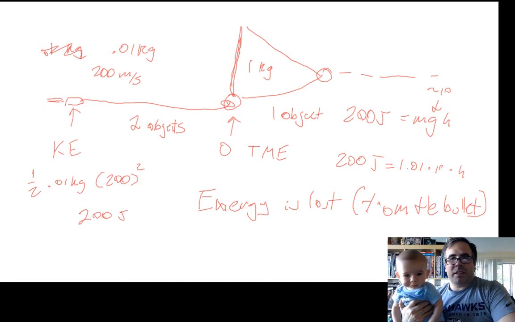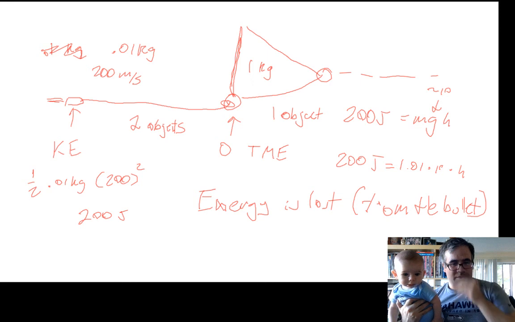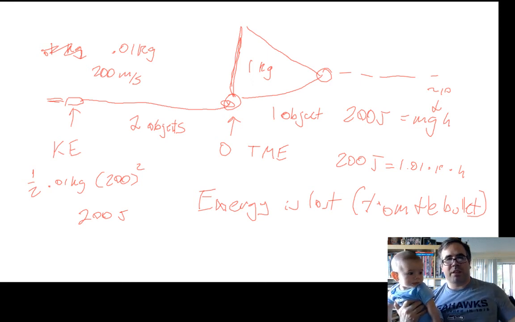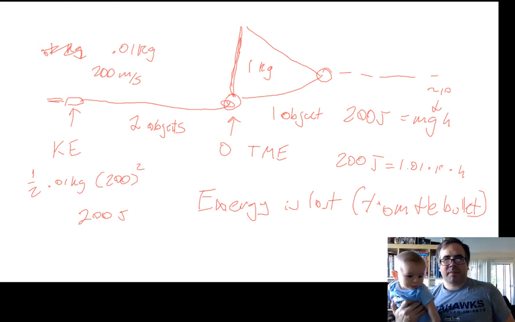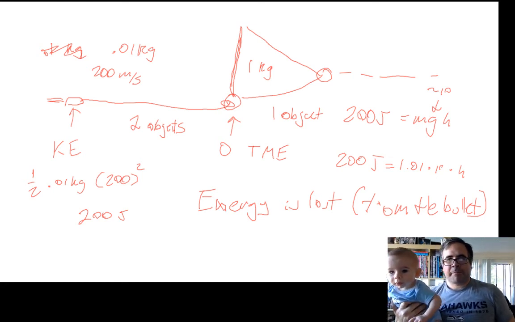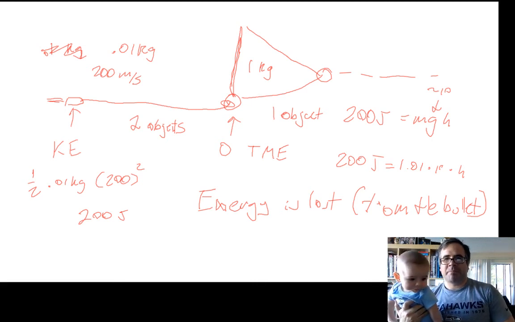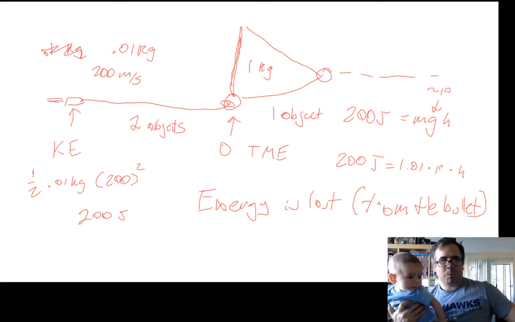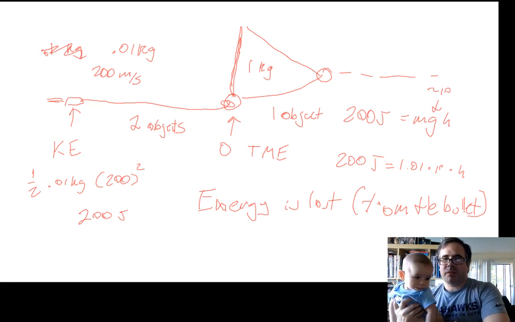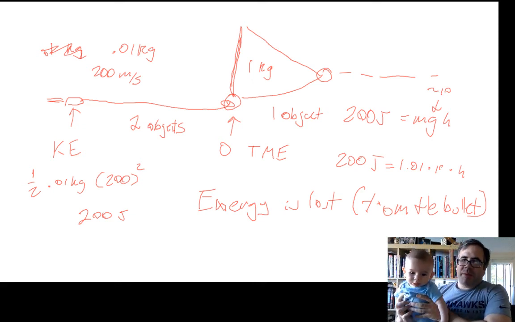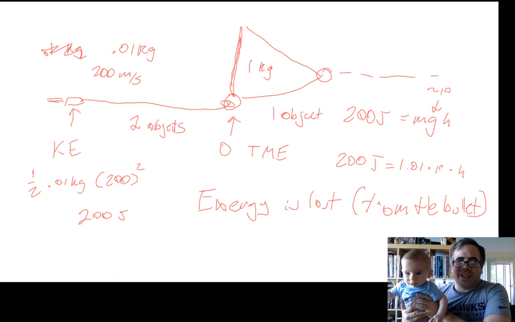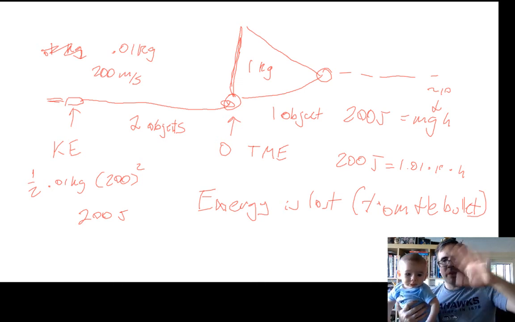But you're right, in an inelastic collision the kinetic energy is lost from the bullet, and it goes into the pendulum. You could also say it's lost to heat from the collision, which is true. In this case we idealize and hand wave that.